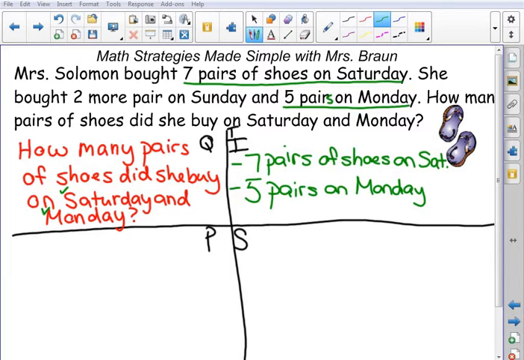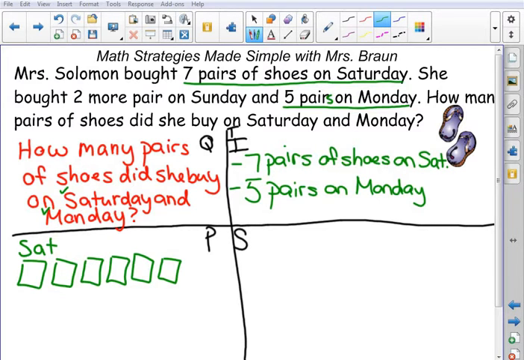You can draw shoes, you can be as fancy as you want, but I'm just going to draw little boxes. So, here's Saturday. She bought 7 pairs of shoes. So, here's her shoe boxes. 1, 2, 3, 4, 5, 6, 7. Okay? And then on Monday, she bought 5 more pairs. Loving herself some shoes.